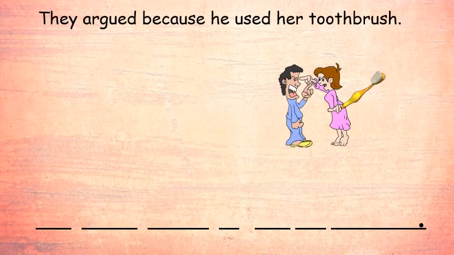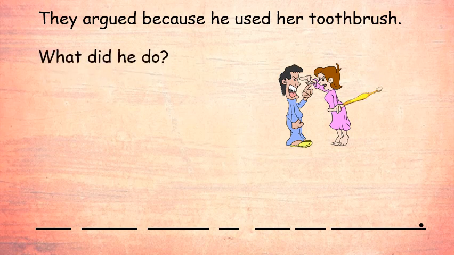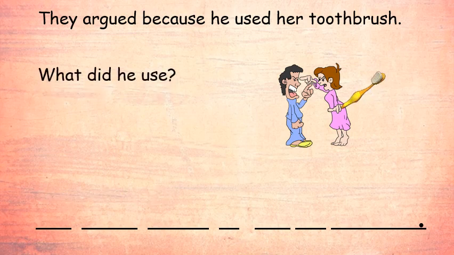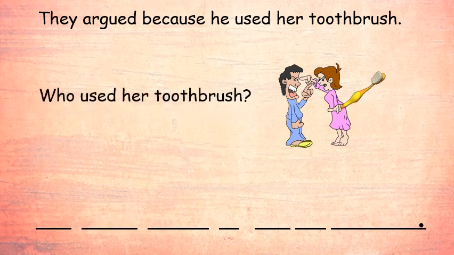They argued because he used her toothbrush. What did he do? He used her toothbrush. What did he use? Her toothbrush. Who used her toothbrush?